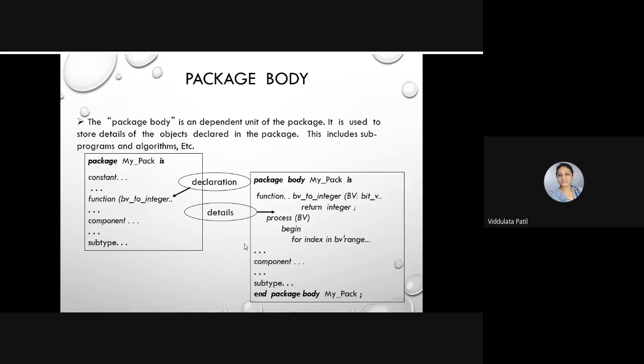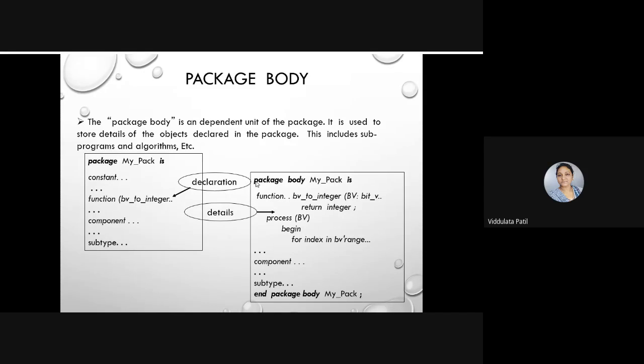This also includes subprograms, algorithms and functions, all that you are going to store in that package will be present in the package body. Here the package will have the name, then is, and then all the constants, functions, components and subtypes you want to declare will be present here.